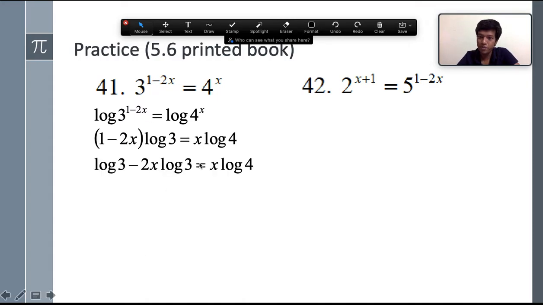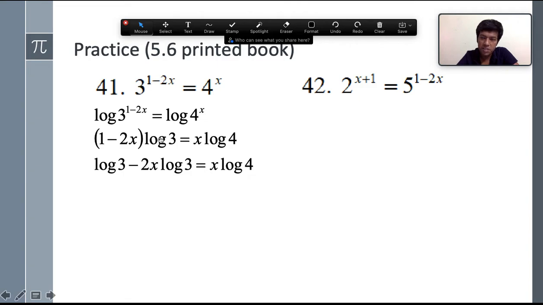Especially if we do not know what to take. Then 1 minus twice x comes to this side, x comes to this side. This 1 minus twice x comes here because the power goes to the front for the logarithm. Then we have this equals this. Then this is 1 minus twice x times log 3.